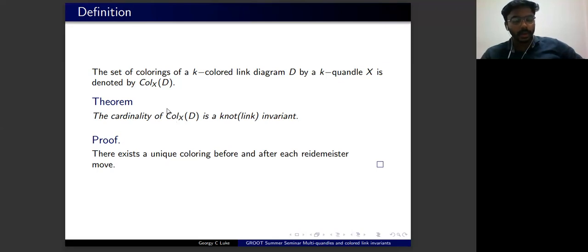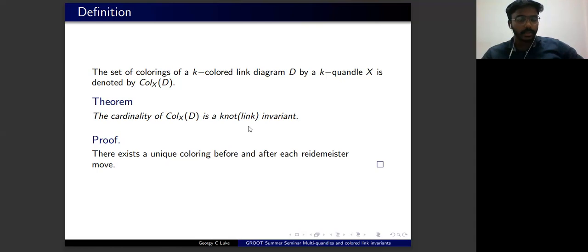This is the result we have come up with. Under k-colored link equivalence, the invariance is detected by the cardinality of this set of colorings of k-colored link diagrams by k-quandles.